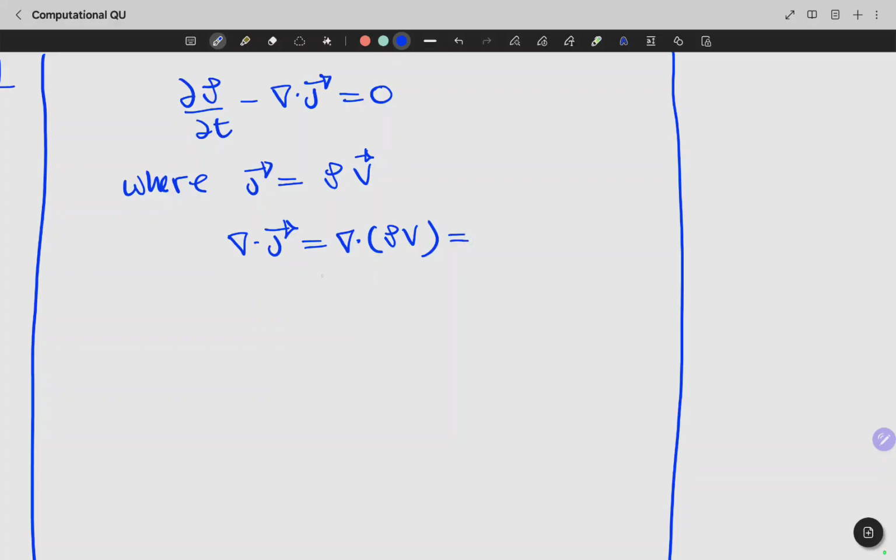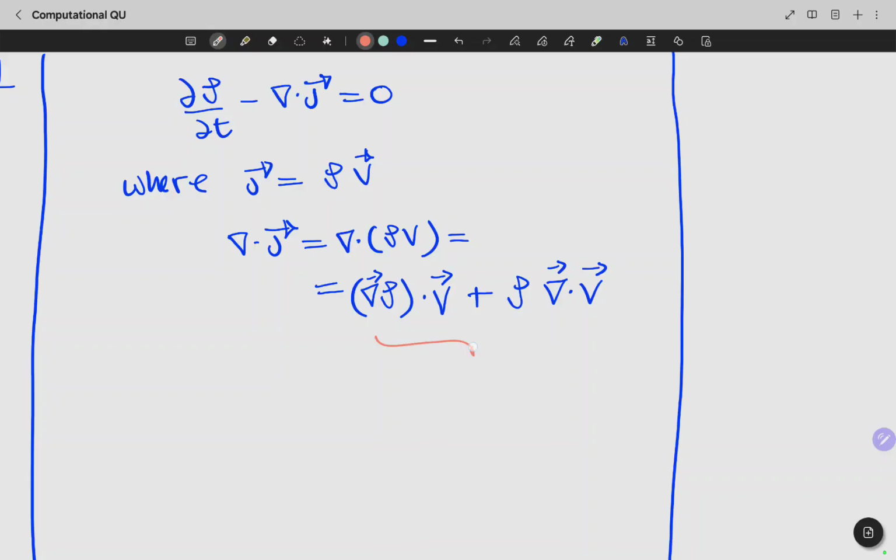You can say this is this times v, let's call it, plus rho times this, and you can put this back in here.